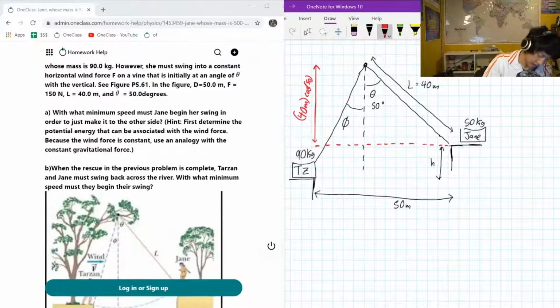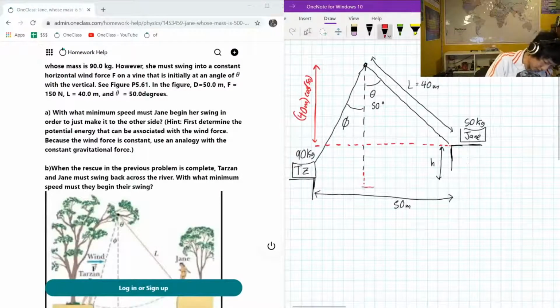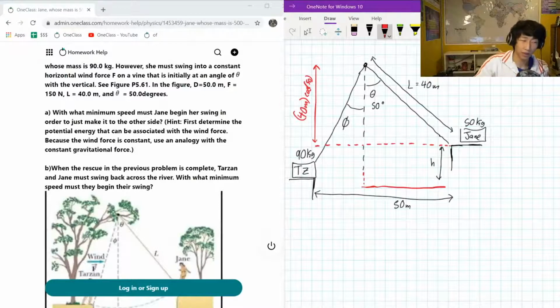And we know that 40 meters is going to be h plus this distance right here, because that's going to be the swing. Oh, this should be from the base, because we're going to come up a little bit as we get back to Tarzan's side.